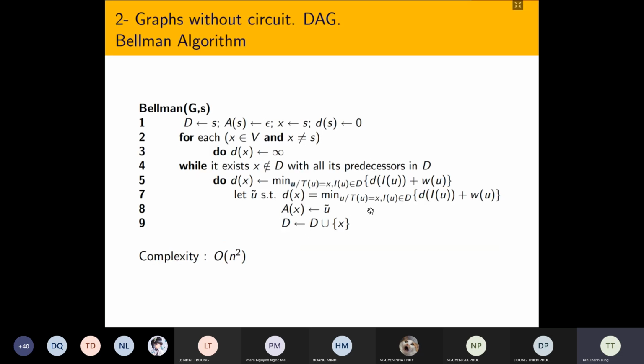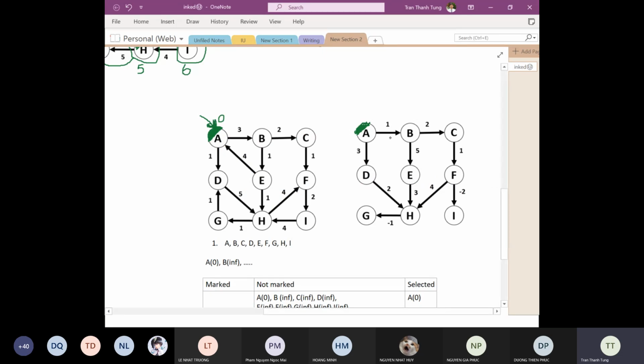So here, we take A, B, and D, which are all the predecessors of them. It means we take one edge, we check it, we mark it, and the distance is 1. The distance here is 3.